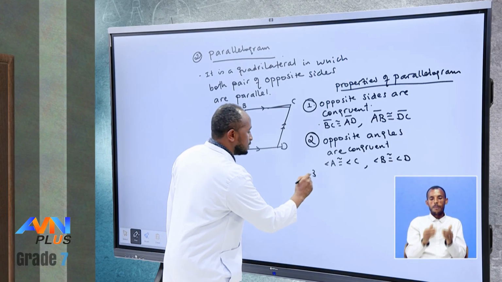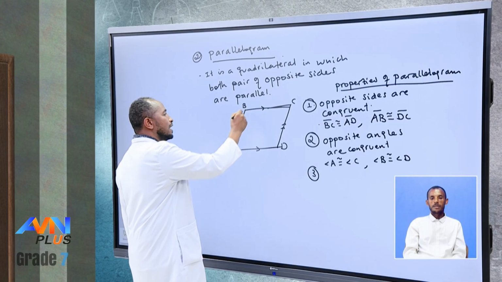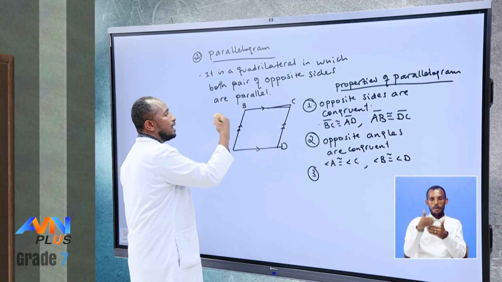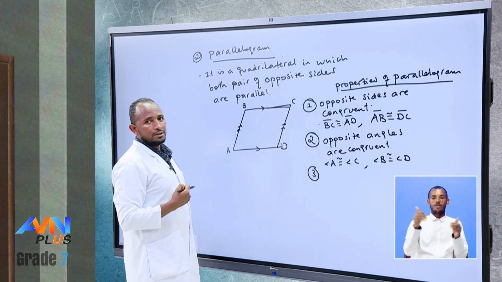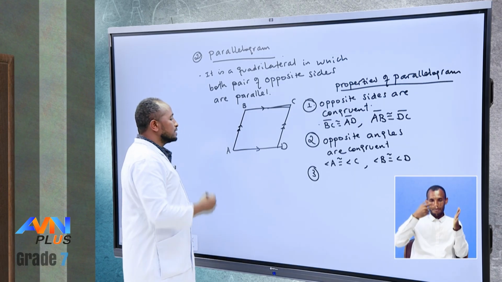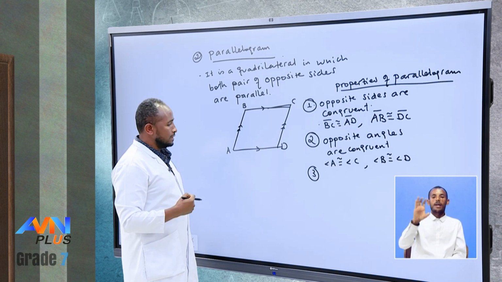The third property of a parallelogram: consecutive angles of a parallelogram are not congruent, they are supplementary. Supplementary means the sum of the degree measures gives you 180 degrees.